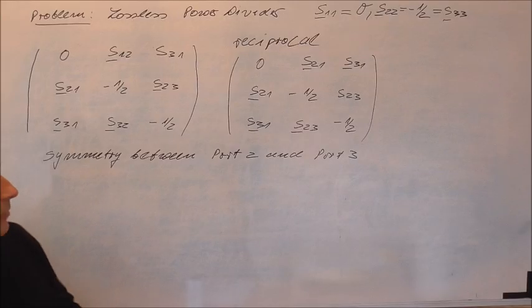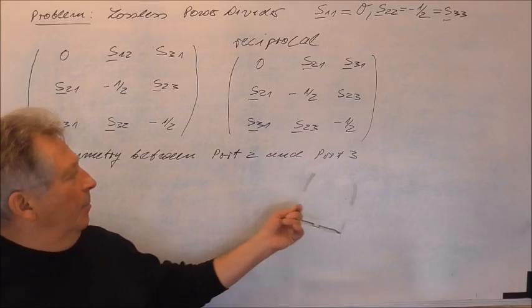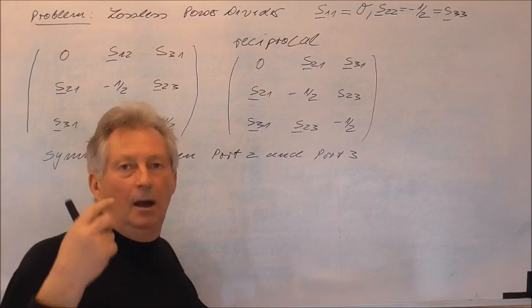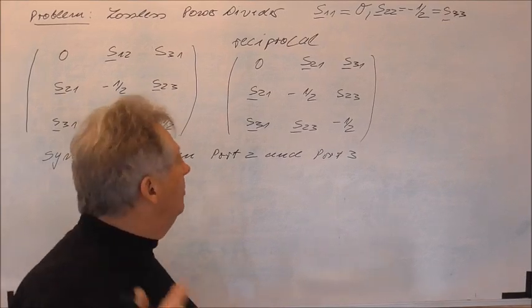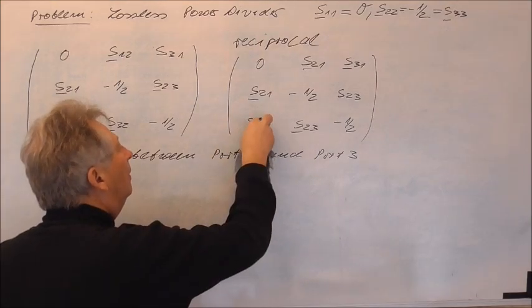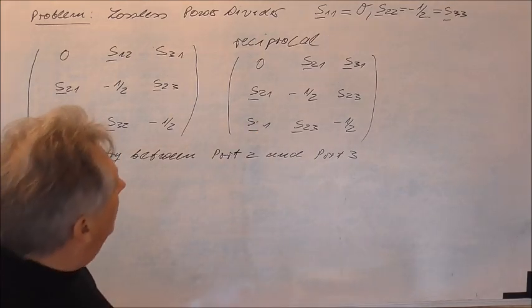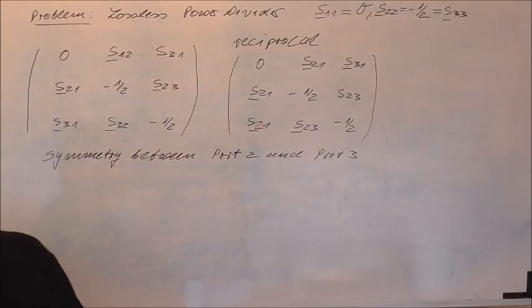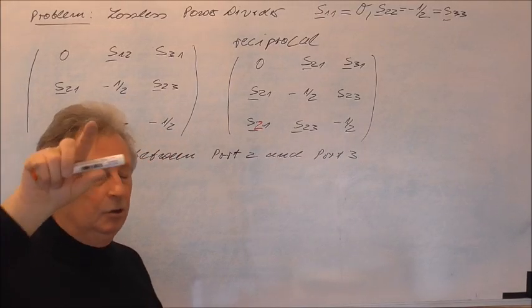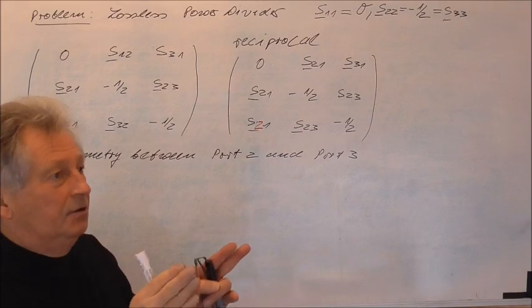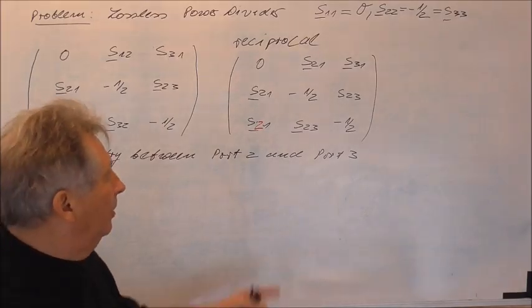If we account for the symmetry between port 2 and port 3, which means we cannot distinguish between port 2 and port 3, we must also have here the element S21. So the wave enters into the 50 ohm transmission line, it cannot distinguish between port 1 and port 3.